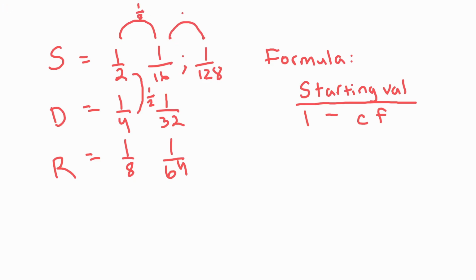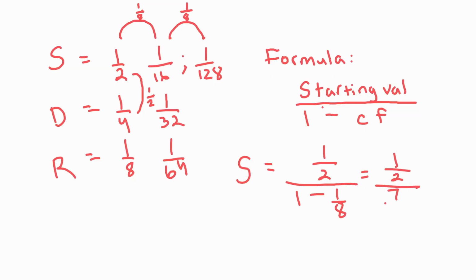Even here, it's going to be 1/8 and so on. So in our problem, S is equal to 1/2, which is the starting value, over 1 minus 1/8, which is equal to 1/2 over 7/8, which is equal to 4/7. So the amount of cheese that Sarika ate is 4/7 of the cheese block.